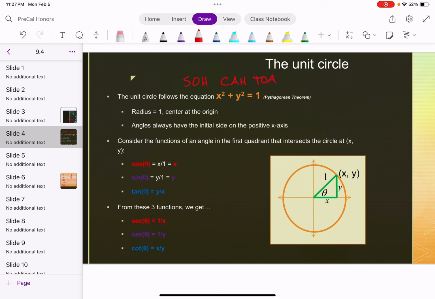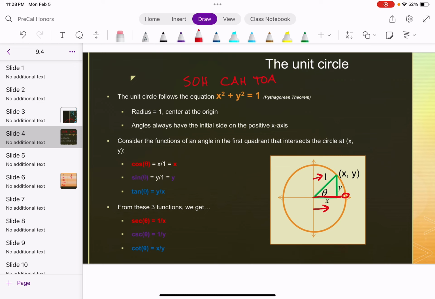That is your radius, which you can see right here. And the angles always have the initial side of the positive x-axis. So we're always going to be looking at the right-hand side of our x-axis. That's where we start. Notice it's based off of this being our 0 mark.